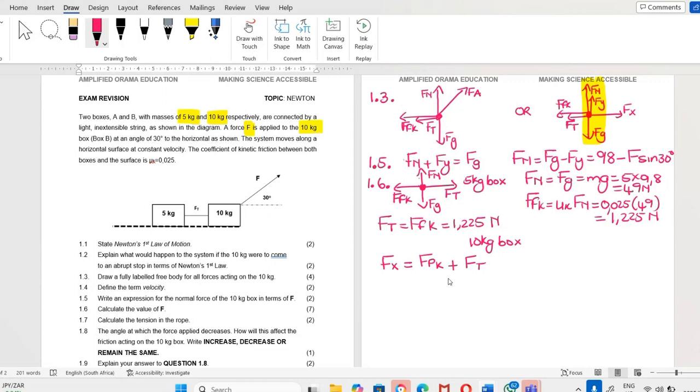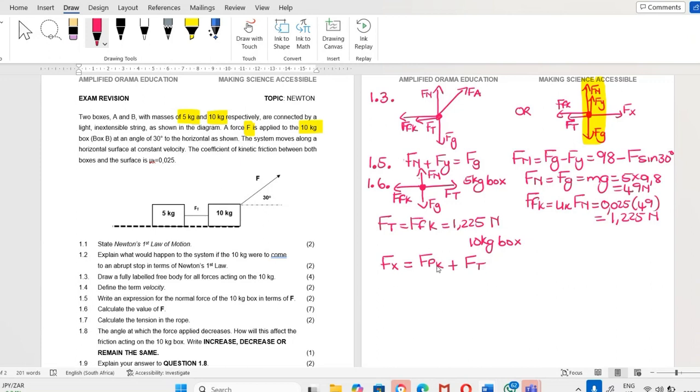That would be the expression, right? Those forces are equal to each other but opposite because of Newton's third law, but again, Fx is equal to Ffk plus Ft because the system is moving at a constant velocity.